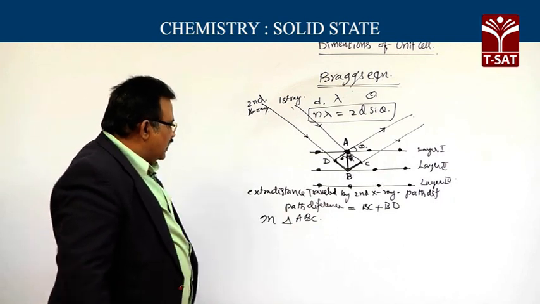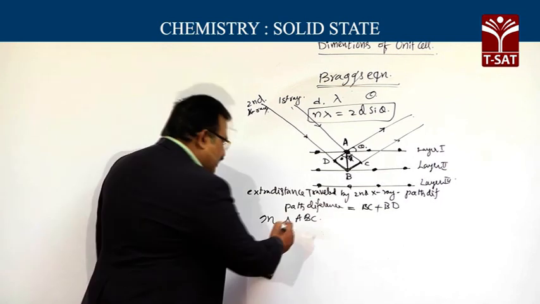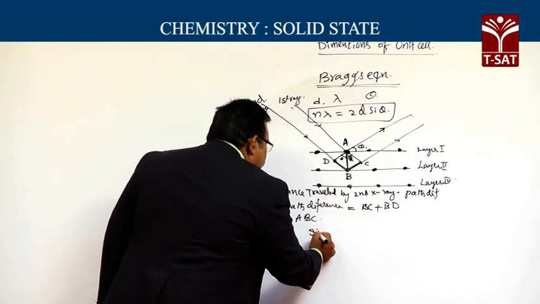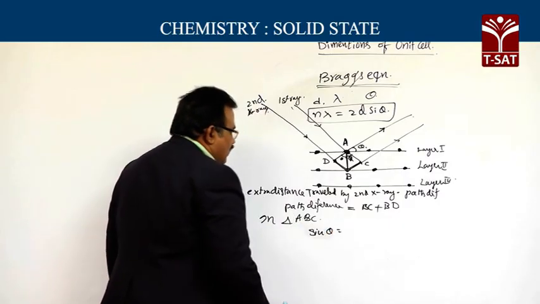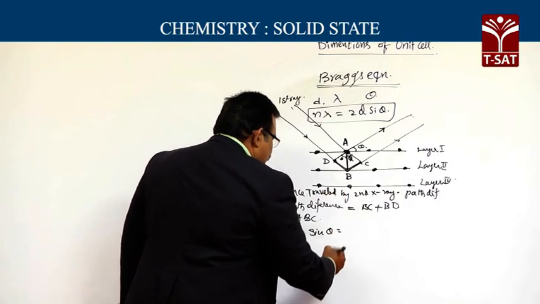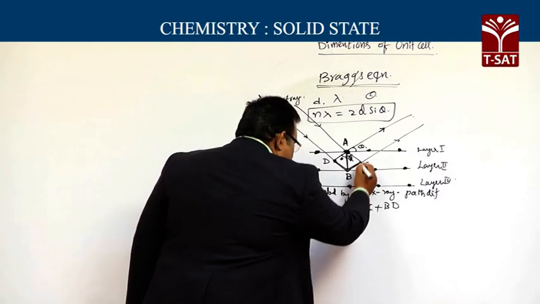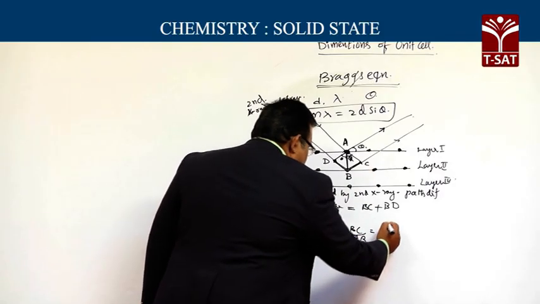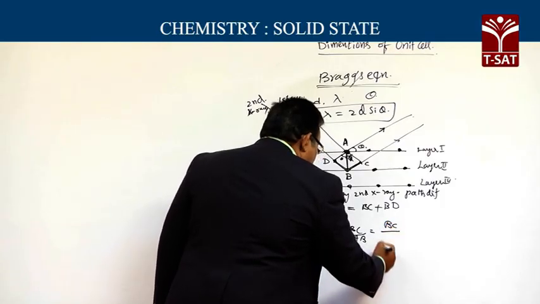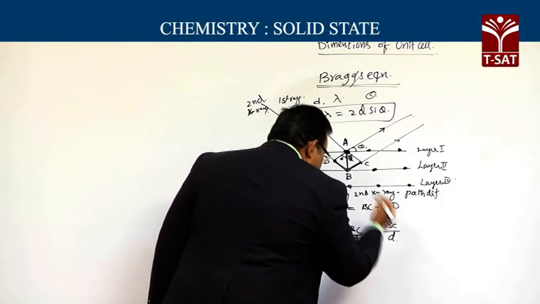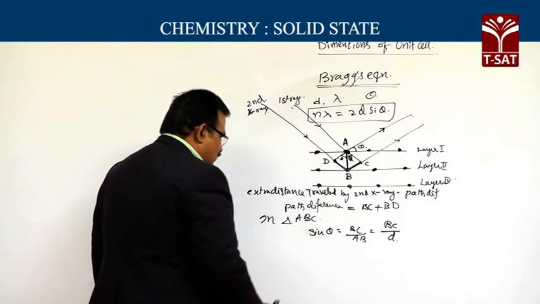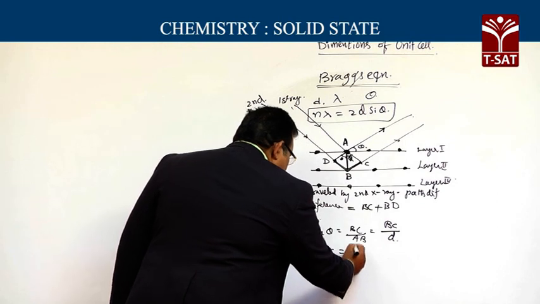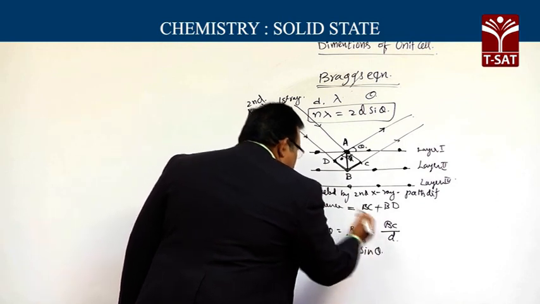In triangle ABC, sin theta is equal to BC by AB, which is BC by d. Therefore, BC is equal to d sin theta.